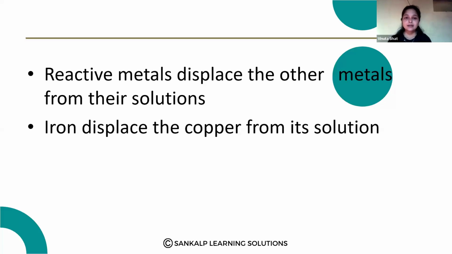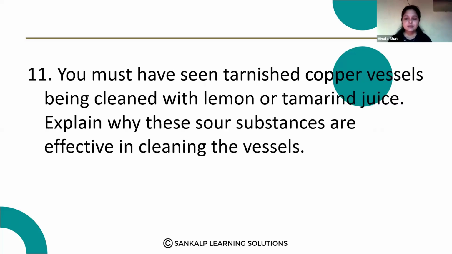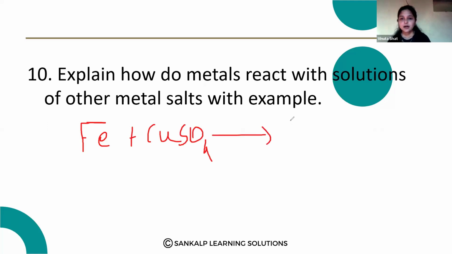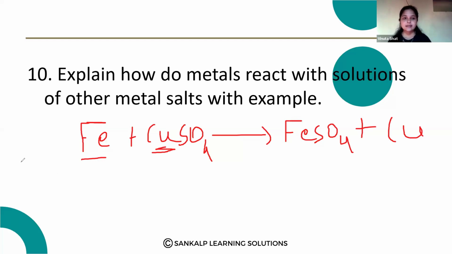For example, iron displaces copper from its sulfate solution. Iron plus copper sulfate forms iron sulfate, and copper is displaced because copper is less reactive than iron. So iron is able to displace the copper from its solution. That is the answer.